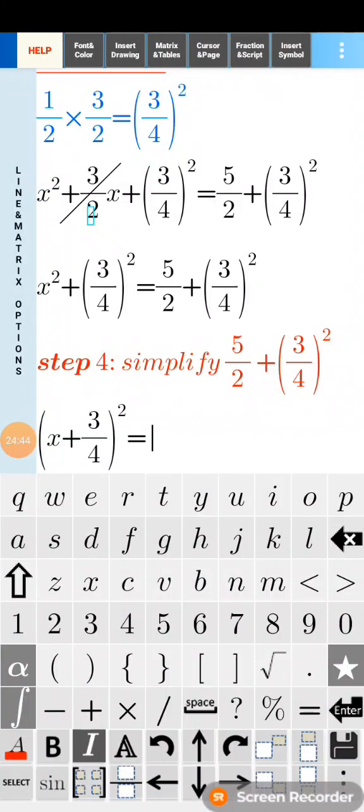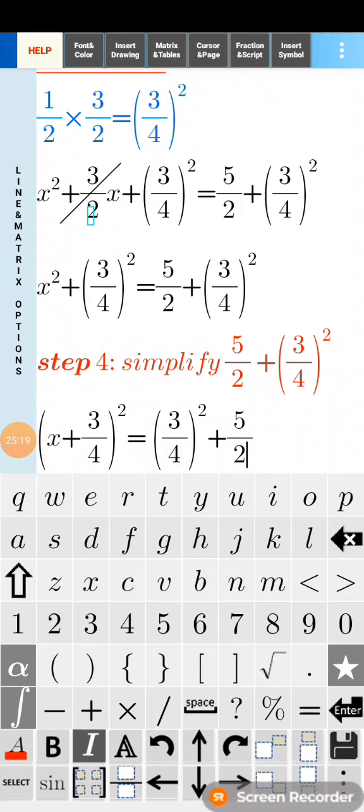Now permit me to rewrite this as open bracket 3/4 close bracket raised to power 2 plus 5/2.